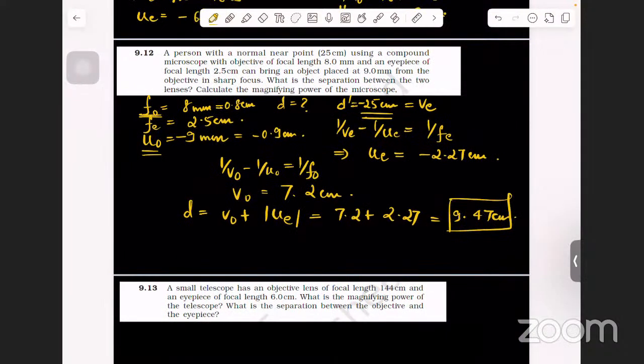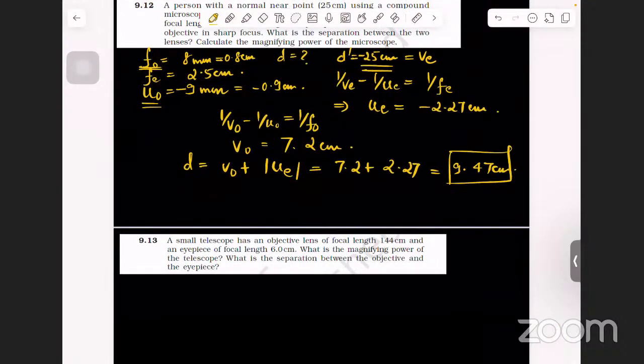This is the first bit. And what is the magnification of the telescope? At the near point, remember the formula, right?